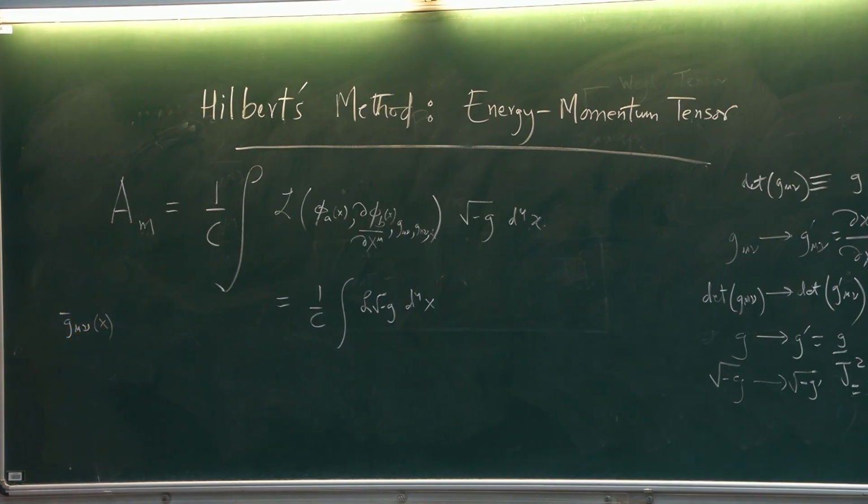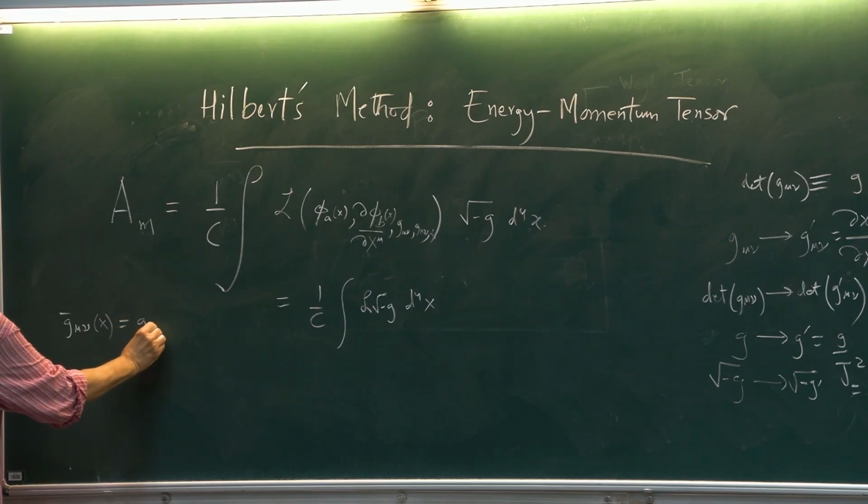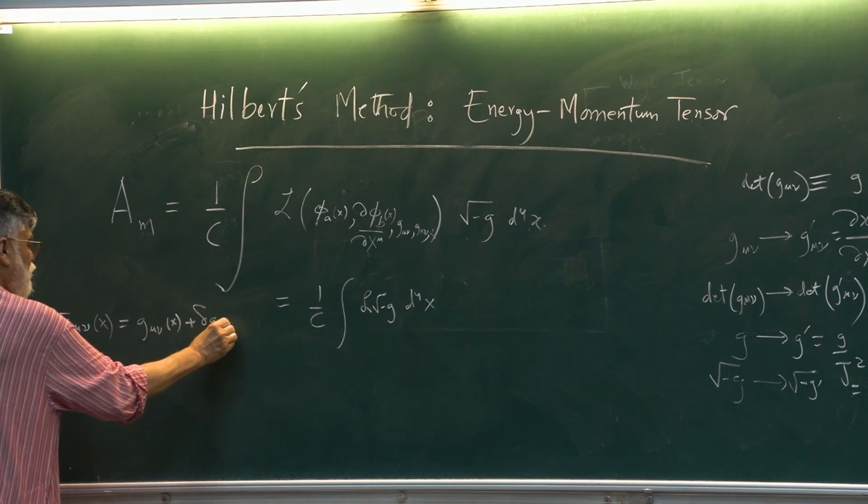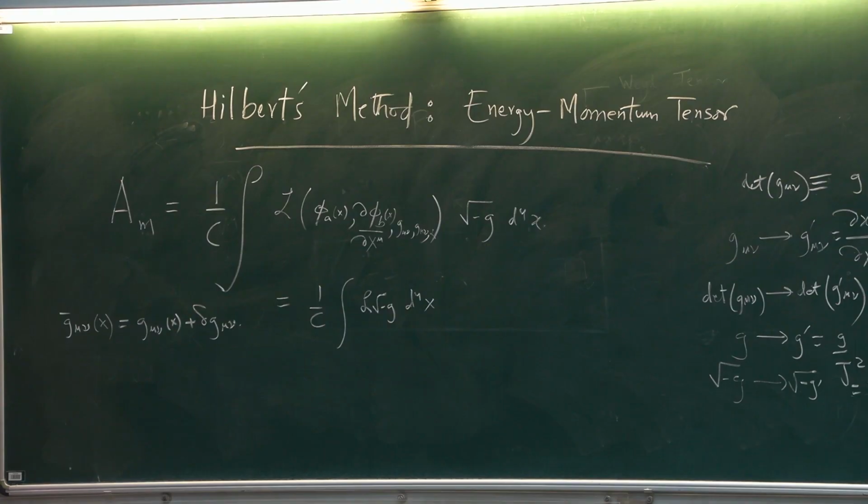But instead of using the old metric g mu nu, suppose I did the calculation using a new metric g bar mu nu, which is the old metric g mu nu of x, plus a tiny variation, delta g. How will the action change? That was the question that Hilbert asked.